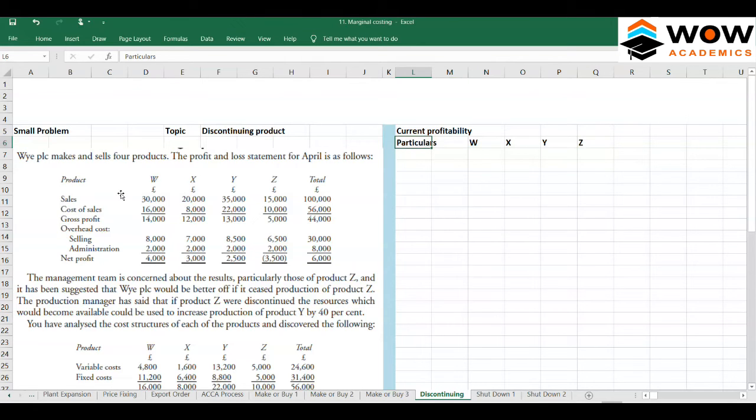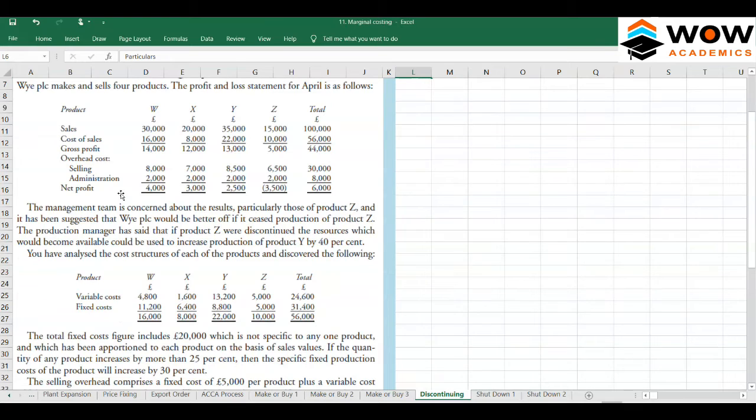We'll get an idea. So these are the items we have: sales, cost of sales, gross profit, overhead, selling and administration, and net profit.